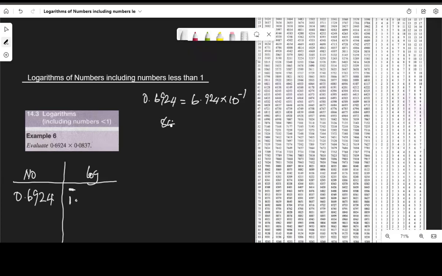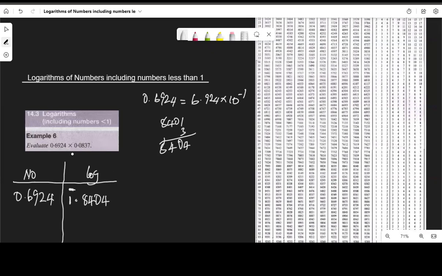And difference of 4, trace it down to the difference column. Difference of 4 is 3. So we add it up: 3 there, that is 8404. So the logarithm is 8404 for the first number.